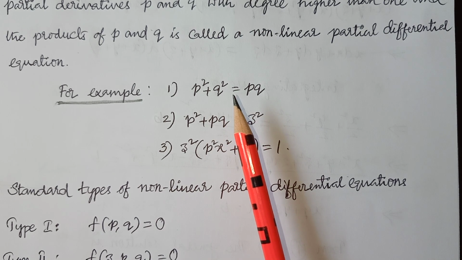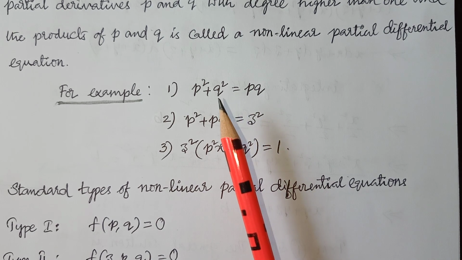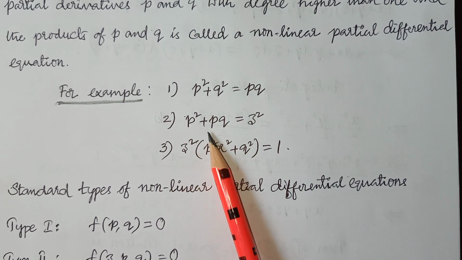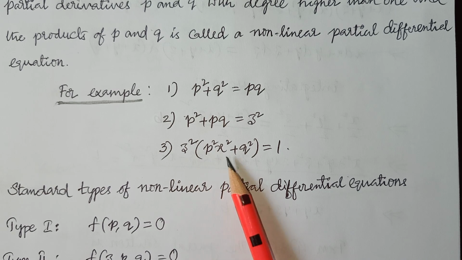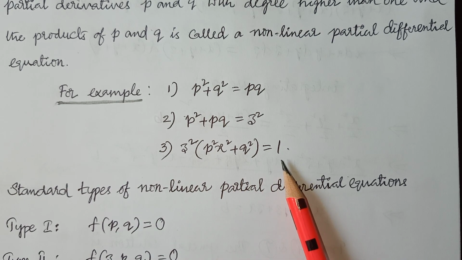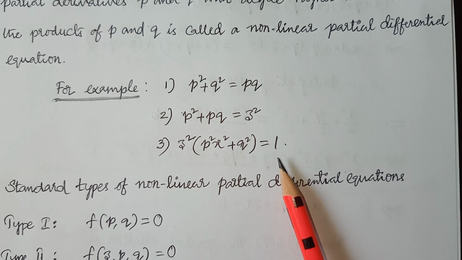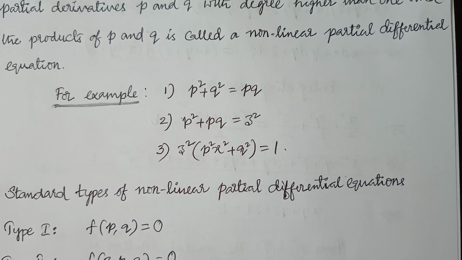Another example is p square plus pq is equal to z square, and another one, z square into p square x square plus q square is equal to 1. So these are some examples of non-linear partial differential equations.